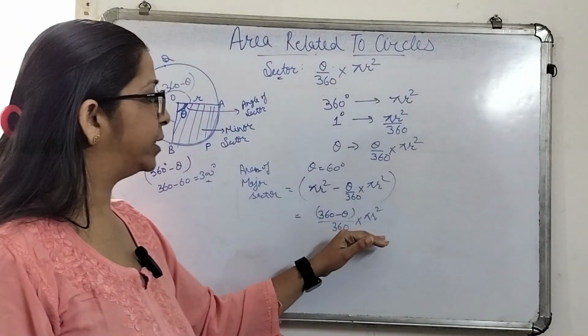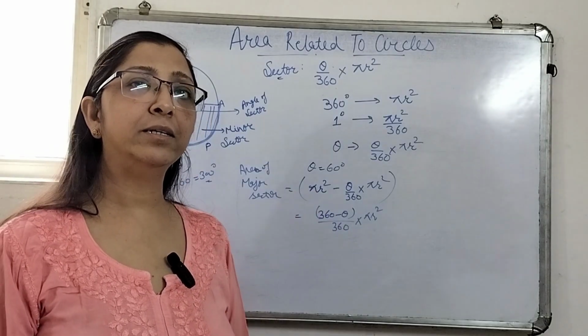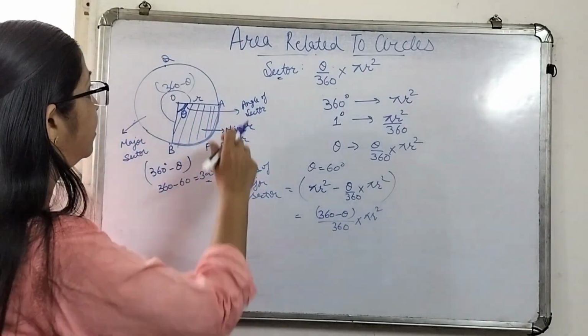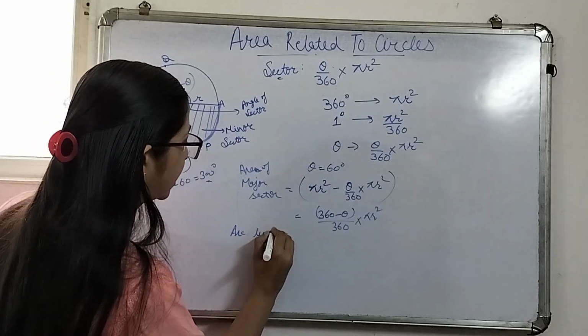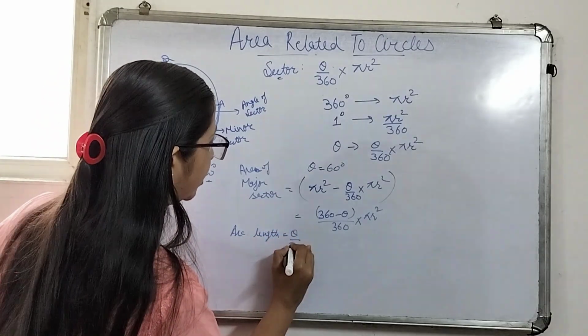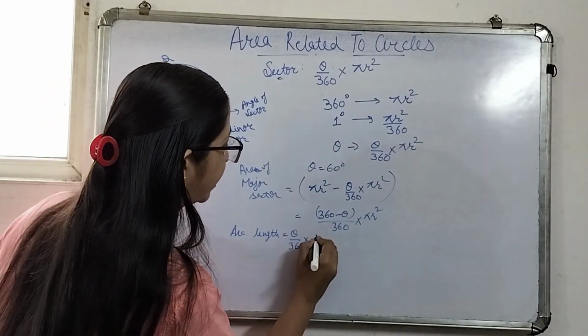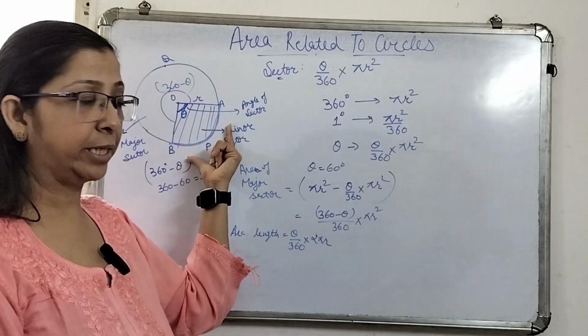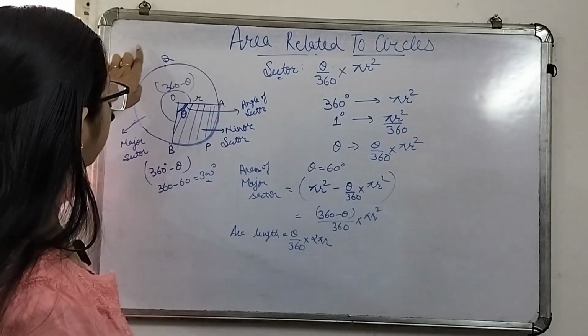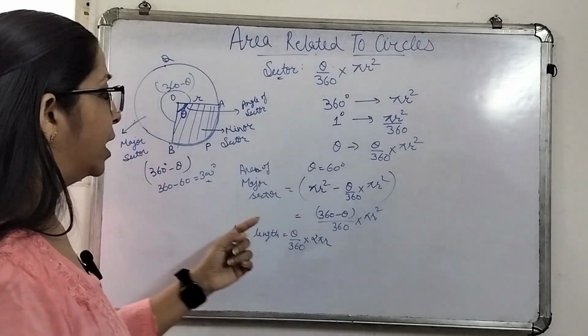As we have done here, similarly if we have to find the arc length of the major arc, we have just learned that arc length is given by theta over 360 multiplied by 2 pi r. That is for the minor arc only. If we have to find the length of the major arc, we can do the same thing.